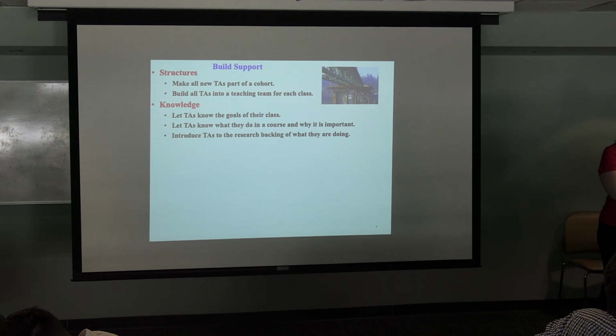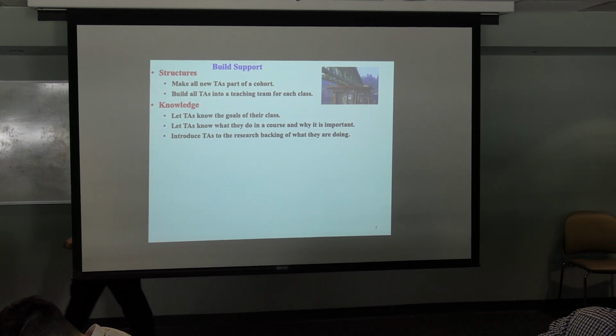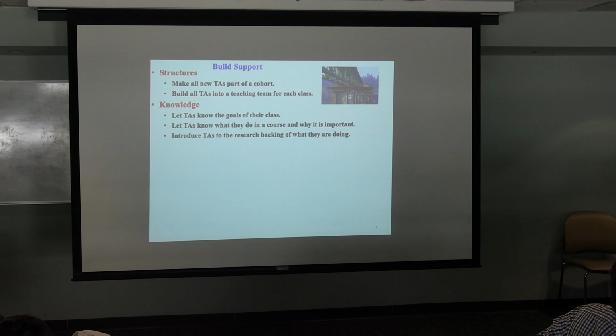Okay, and then making sure that the TAs know what the point is, what the goal of the class is. And the goal of the class can be different for different faculty members. I mean, we try to be uniform, but every faculty member has some idea of what their class, even if it's 1 out of 6 big lecture sections for the same class, they might have different goals, and that's okay.